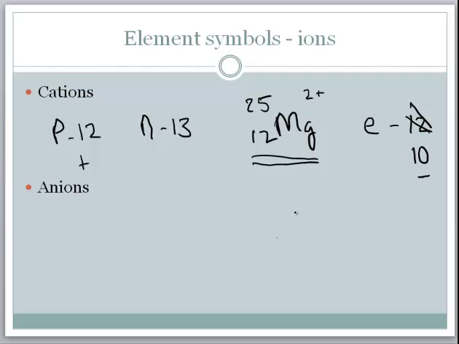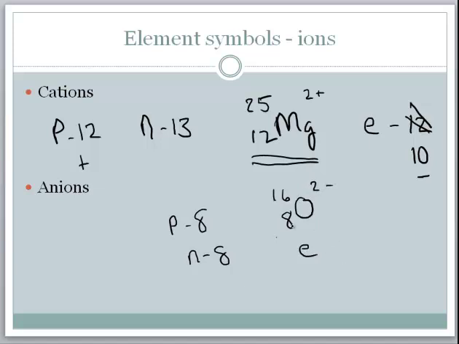Now let's say you had something like, well, let's use oxygen for example. 16 and 8. Protons, 8. Neutrons, 8. Now let's give it a 2 minus charge. Our electrons would be what?